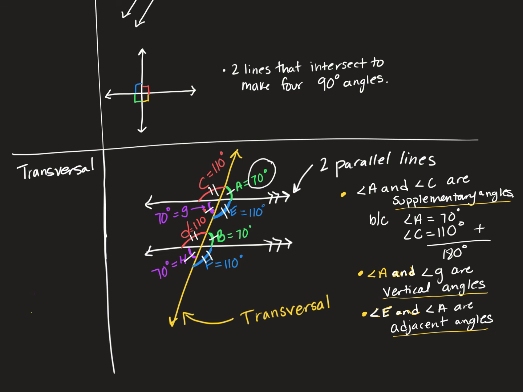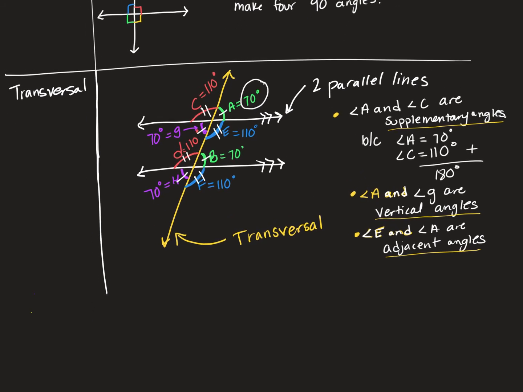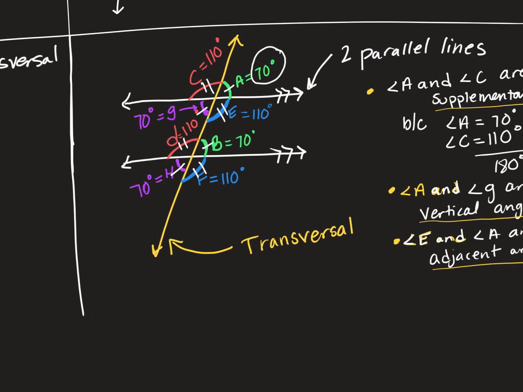Now, there are interior angles to this transversal. So inside of the transversal, you'll see angle G, E, D, B. This is called the interior angles of the transversal. So go ahead and write interior angles, because they're inside.